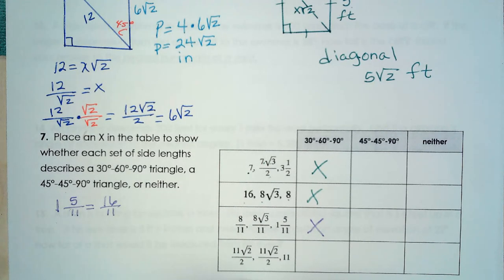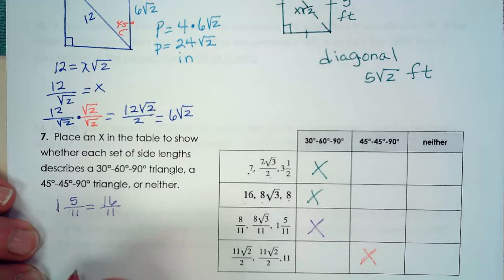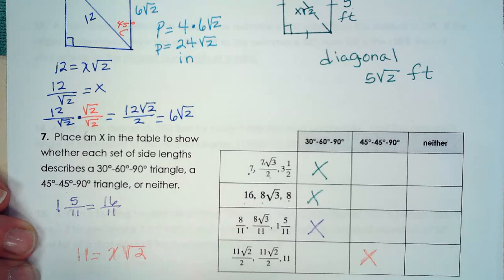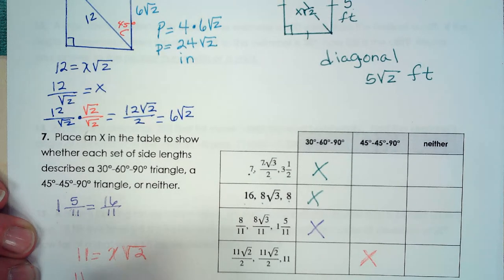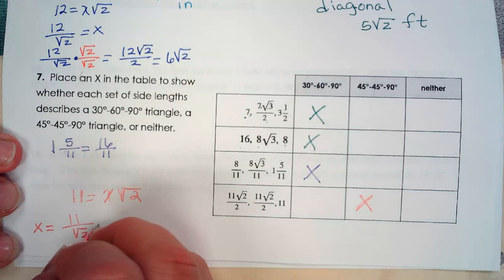For the last one, square root of 2, it is definitely 45, 45, 90. Okay, once again, we're dividing by that square root of 2.